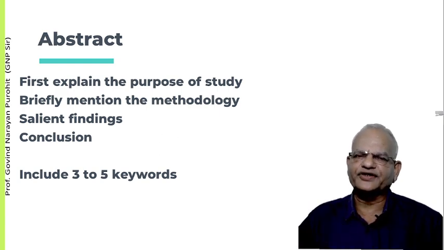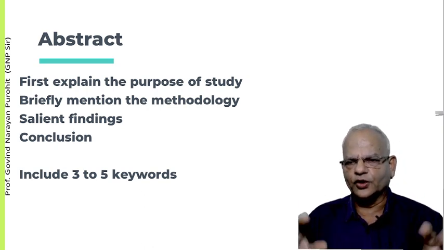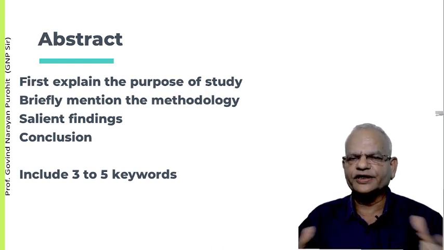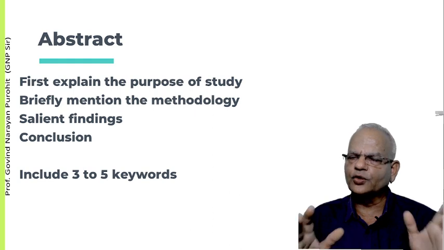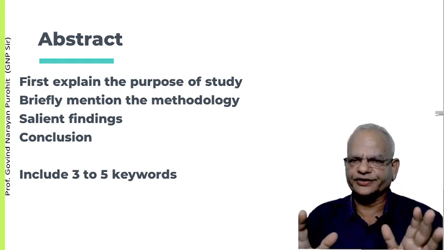But in the other style, where you are giving the author names, then maybe Kumar 1999, if there is one author. If there are two authors, Kumar and Sharma 2001, or if there are more than two authors, then it is Kumar et al. Al means and co-authors and co-workers.